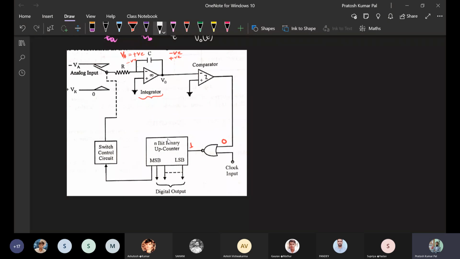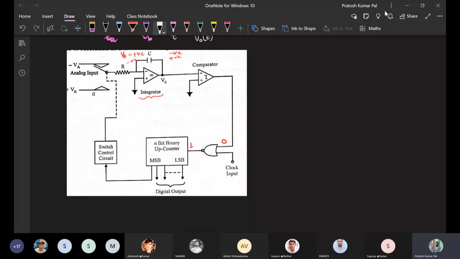Resetting means the counter value will come out to be 0, and once this resetting is done, the switch control circuitry will connect the analog input to the integrator.